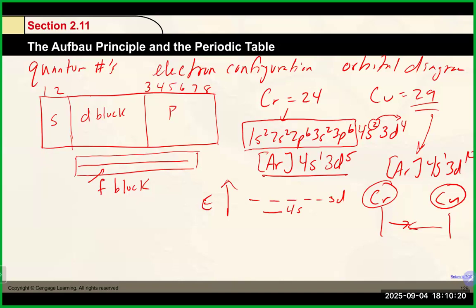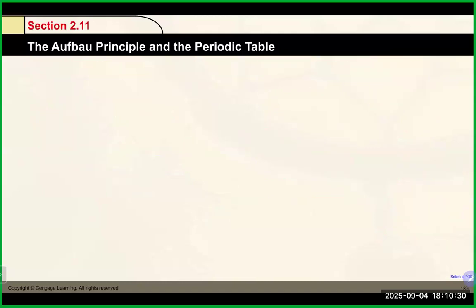All right, so we talked about electron configuration, orbital diagram and quantum numbers. We also want to talk a little bit about ions and what happens when things make ions and how that affects electron configuration. So, for example, if I took something like magnesium, which has 12 electrons in its neutral state, 1s2, 2s2, 2p6, 3s2.